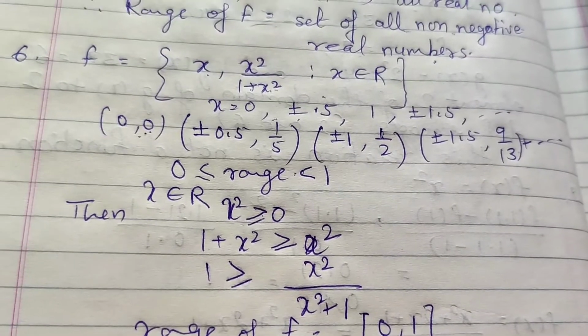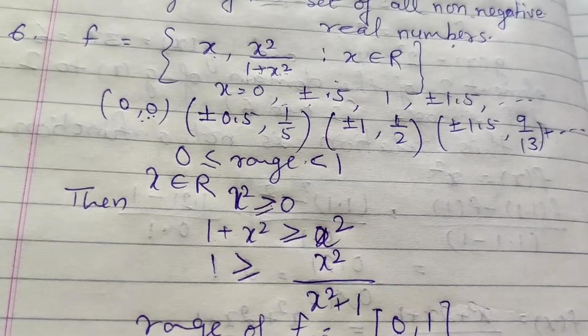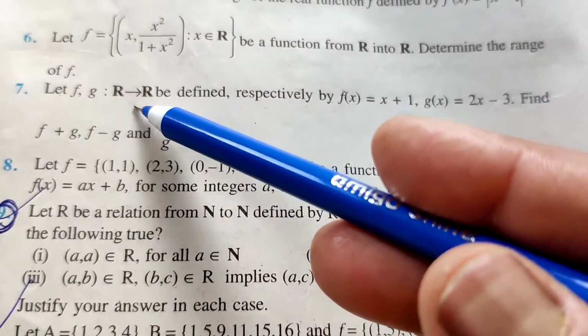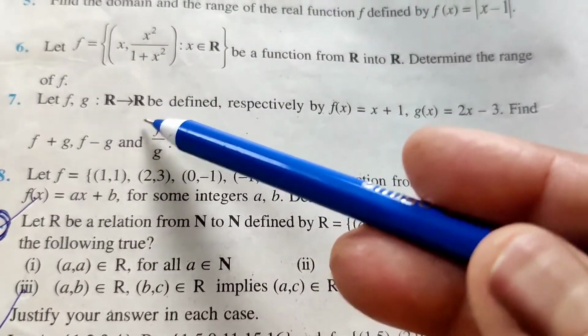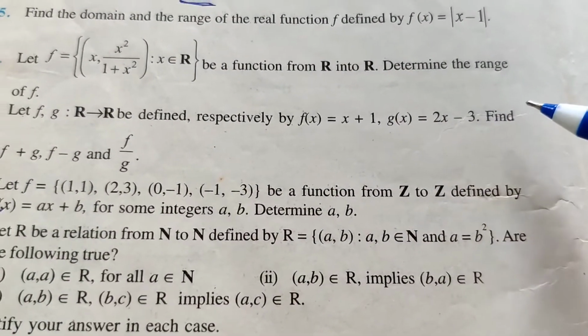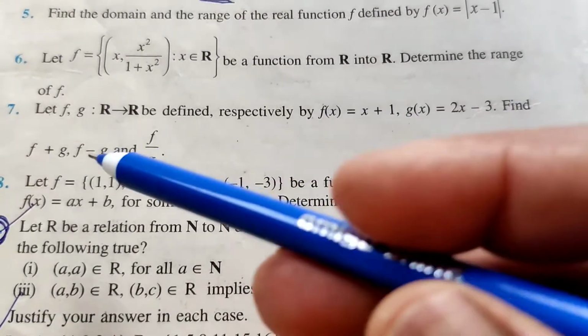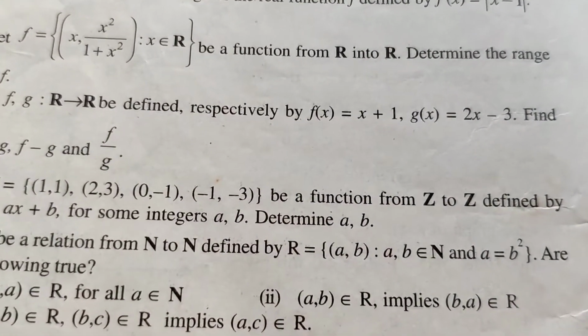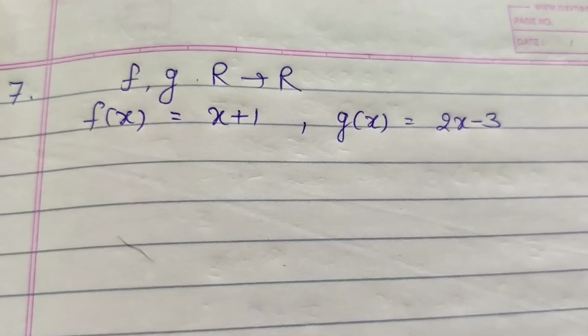Okay. Next question. The 7th question is, let f and g be functions from real numbers to real numbers. We define respectively f(x) equal to x plus 1 and g(x) equal to 2x minus 3. Find f plus g, f minus g and f upon g. This is the function.